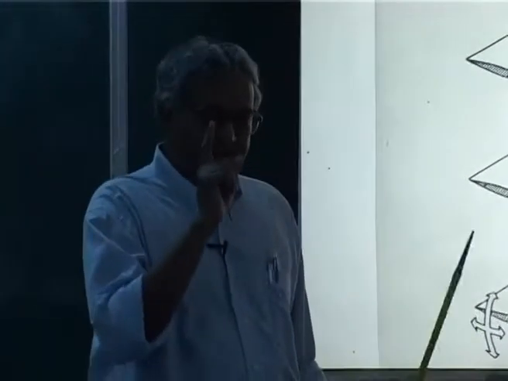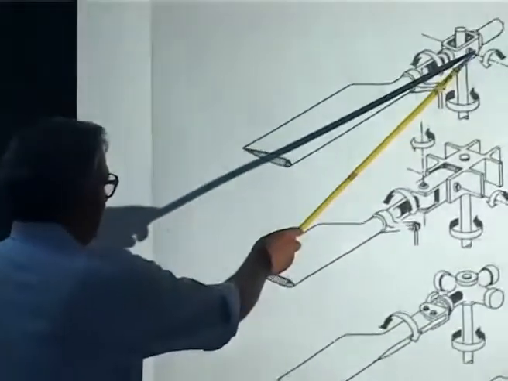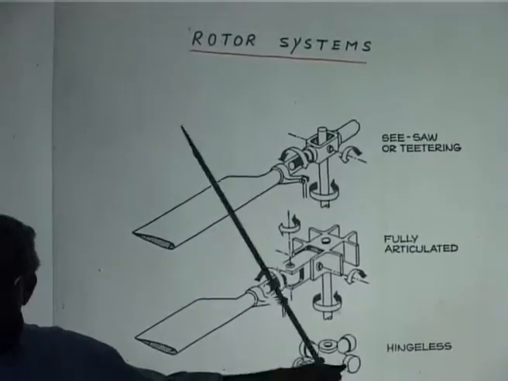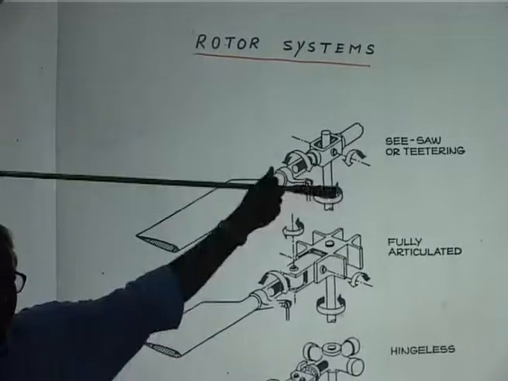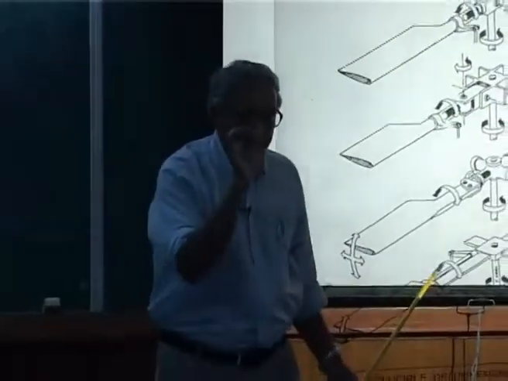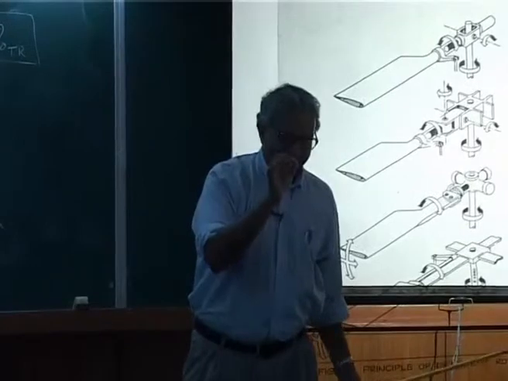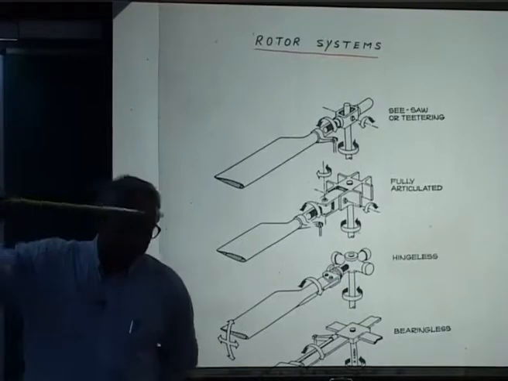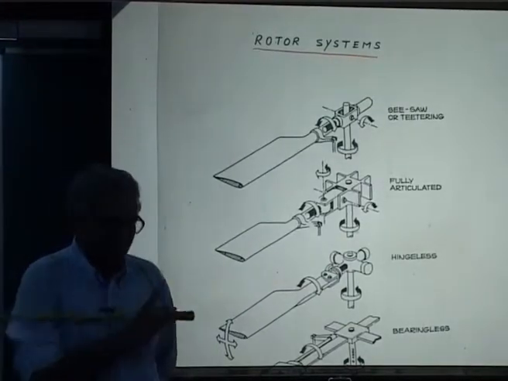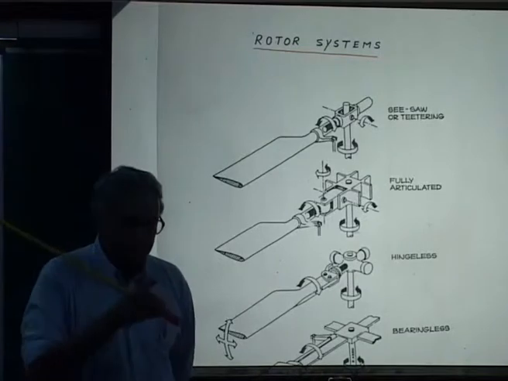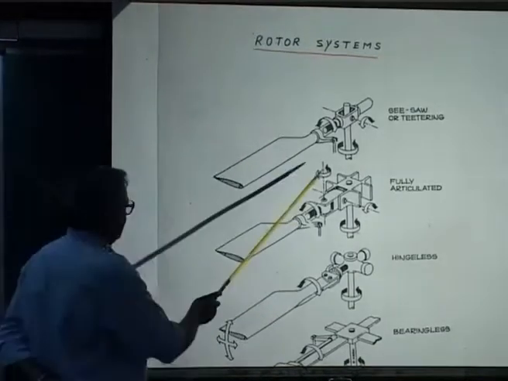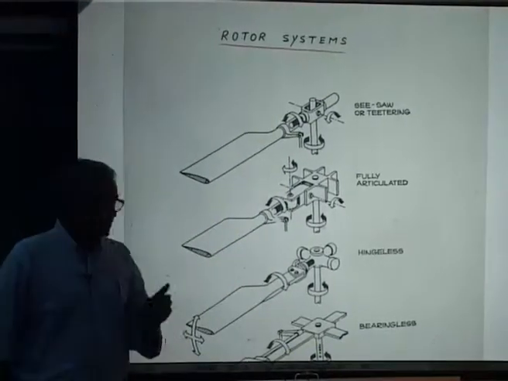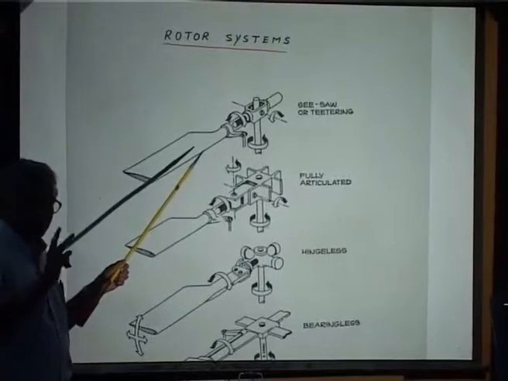They have only this flap hinge, because the blade can go like this, that is all. So, I have only a flap hinge which is located at the center of the hub, please understand. The flap hinge is right at the center. This is only for two bladed rotors, four bladed they do not make like this.